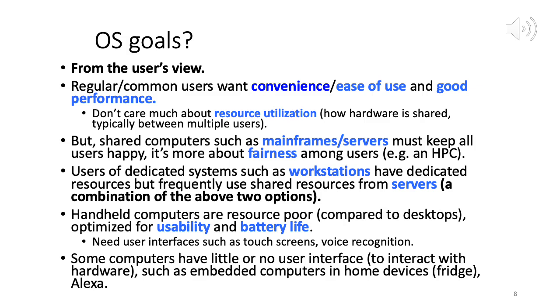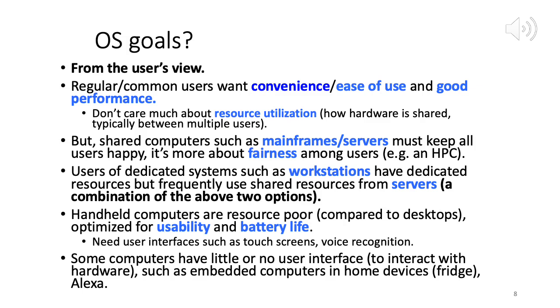So first, we look at the perspective from the user's point of view, right? So if we are regular users of an operating system, we interact with an OS every day. So what are our requirements from the operating system, right? What are our demands, our requirements? What would we like? So regular common users, right, want convenience, ease of use, and good performance.